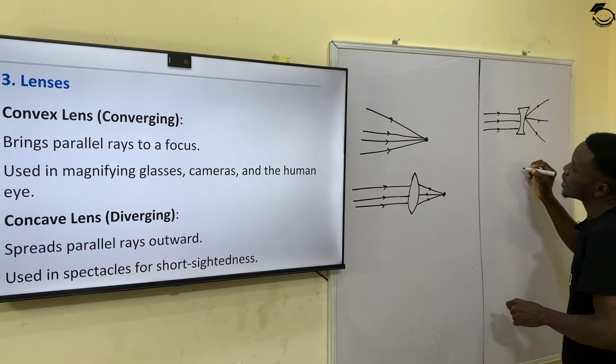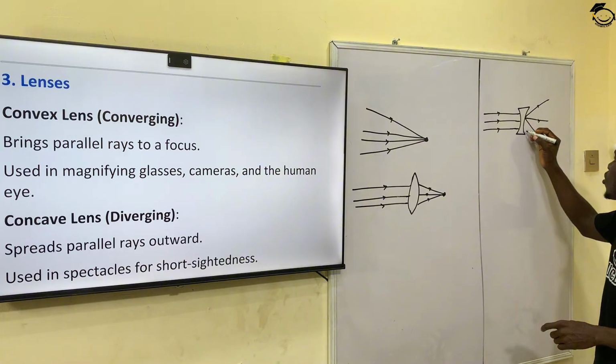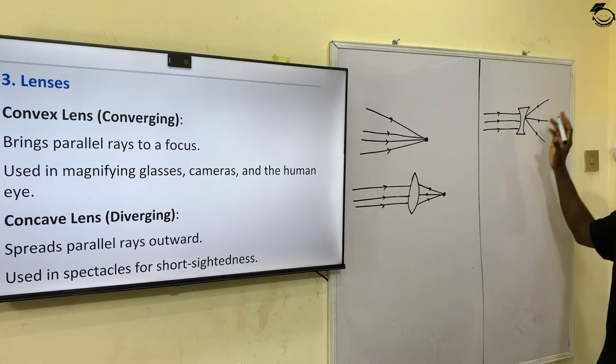Now, when they hit a convex lens, they were brought to a point. But when they hit a concave lens, they are scattered out from a point.